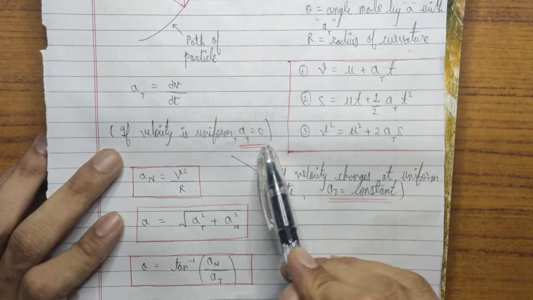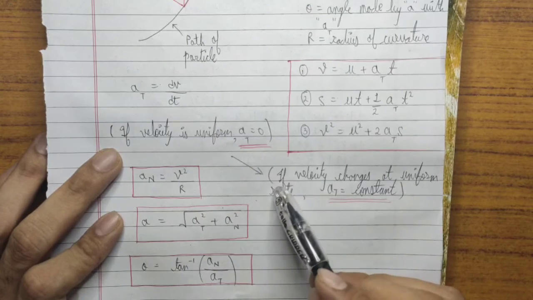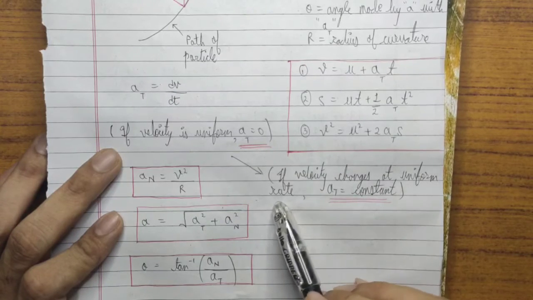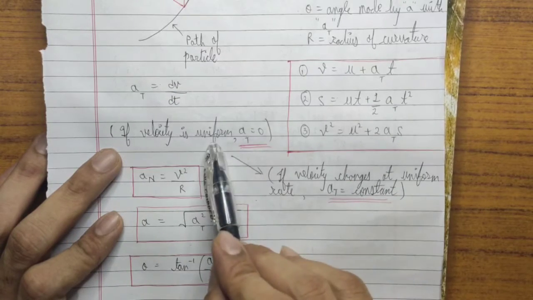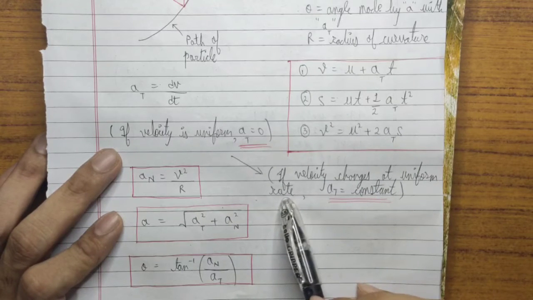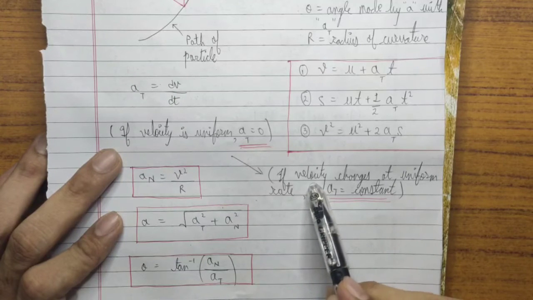But if that car is moving with a velocity that changes at a uniform rate, suppose first it is moving at 50 km per hour, then 55 km per hour, then 60, then 65 km per hour.